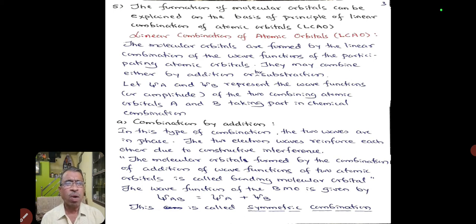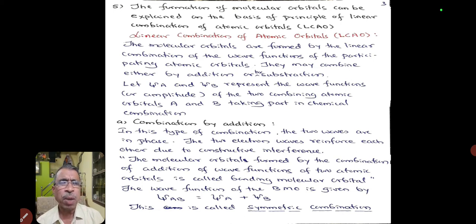The molecular orbital formed by the addition of wave functions of the two atomic orbitals is called the bonding molecular orbital. The wave function of the bonding molecular orbital is given by psi AB equals psi A plus psi B. This is called symmetric combination.